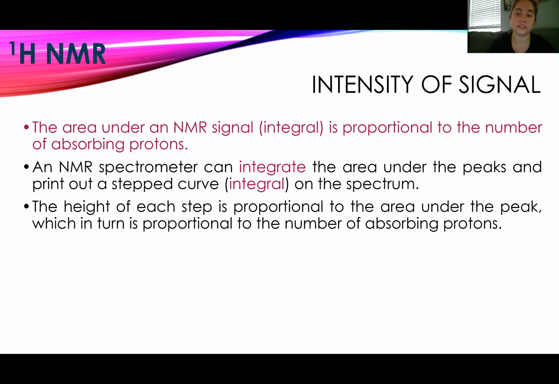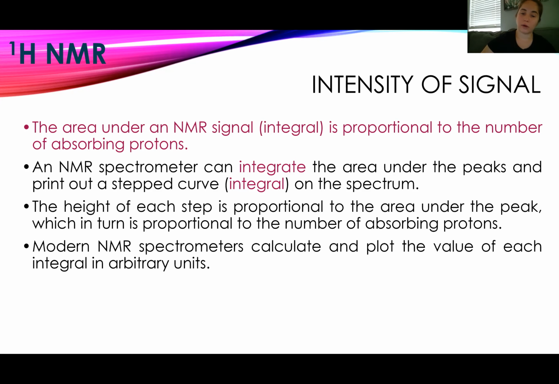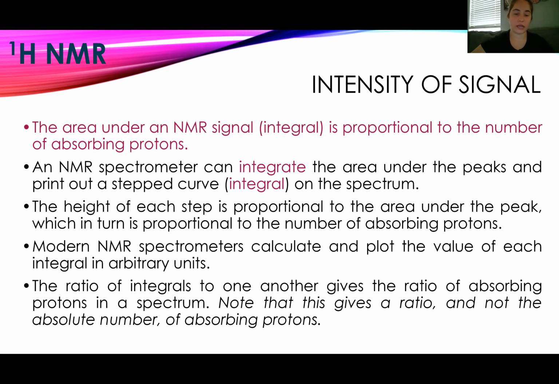The height of each step is proportional to the area under the peak, which in turn is proportional to the number of absorbing protons. Modern NMR spectrometers calculate and plot the value of each integral in arbitrary units. And the ratio of integrals to one another gives the ratio of absorbing protons in a spectrum. I want to reiterate again that this is giving a ratio and not the absolute number of absorbing protons. So we're going to look at an example in a second because it'll make more sense, I believe.